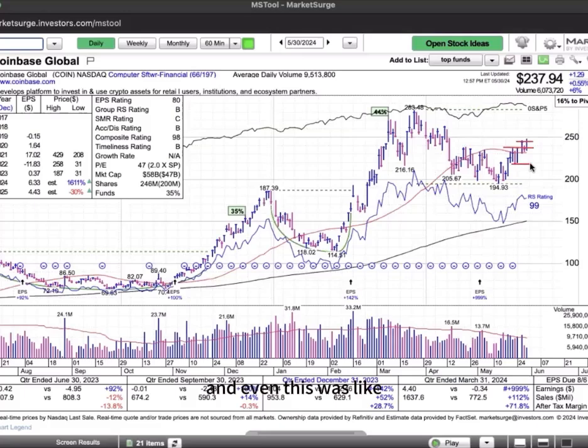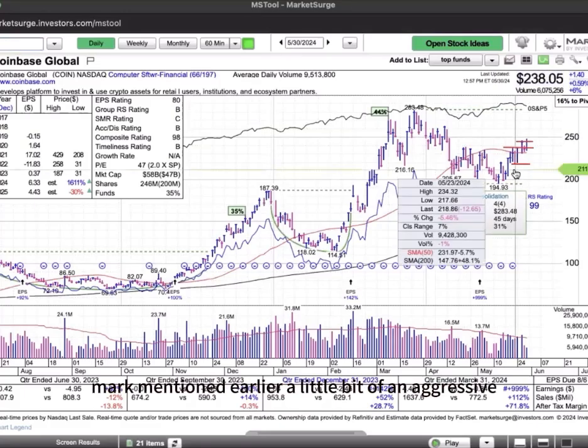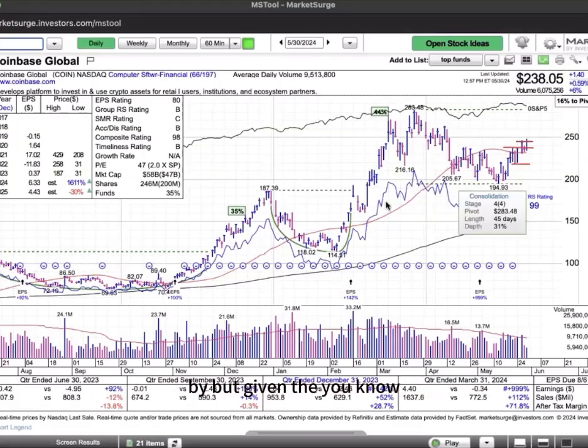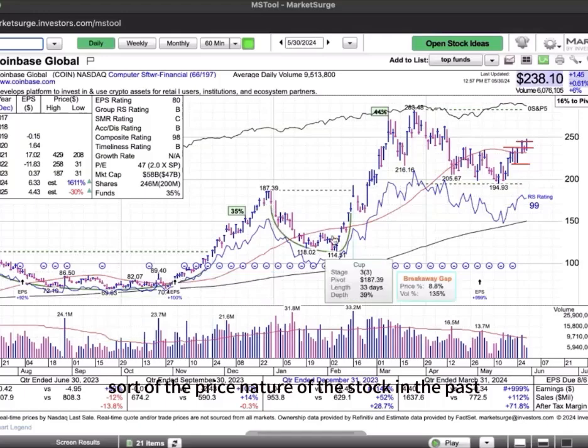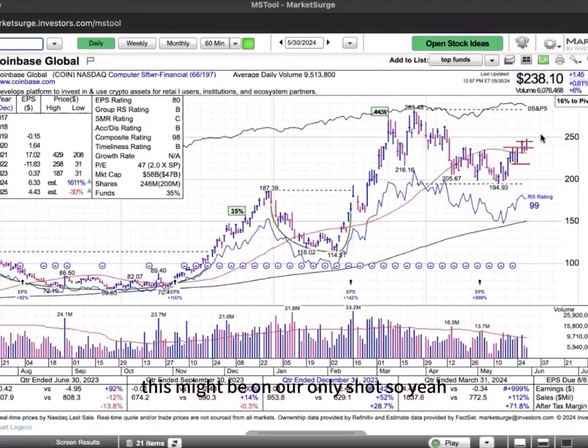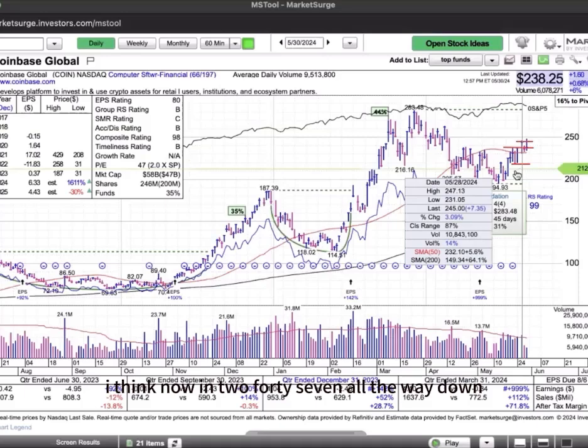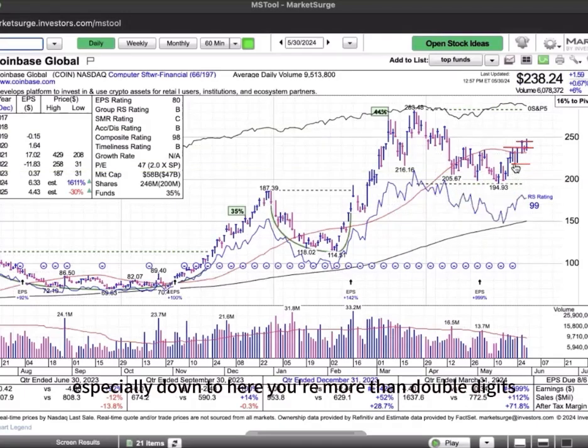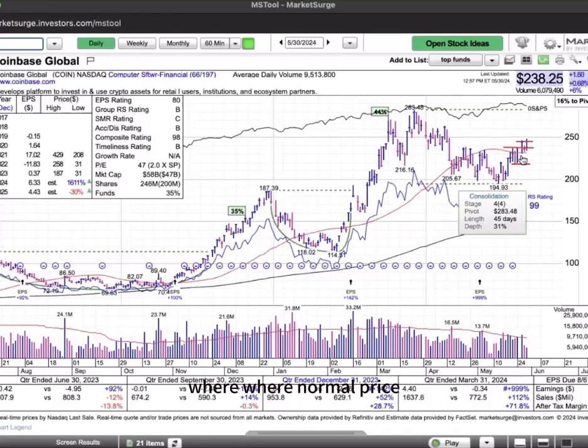And even this was, like Mark mentioned earlier, a little bit of an aggressive buy, but given the price nature of the stock in the past, this might be our only shot. So yeah, 247 all the way down, especially down to here, you're more than double digits. So where are you going to put your stop where normal price action isn't going to knock you out and still stay tight?